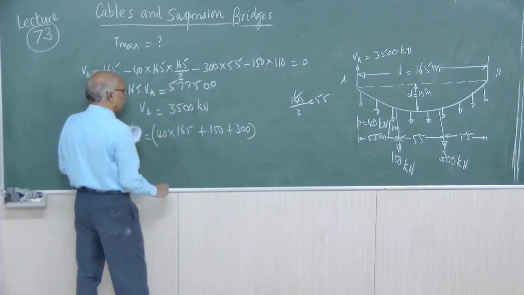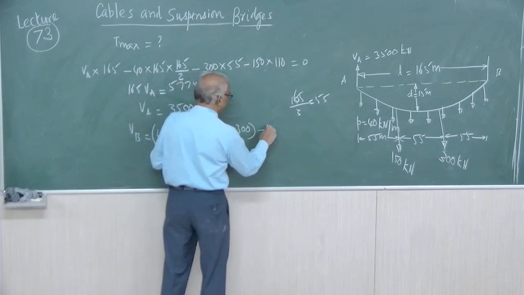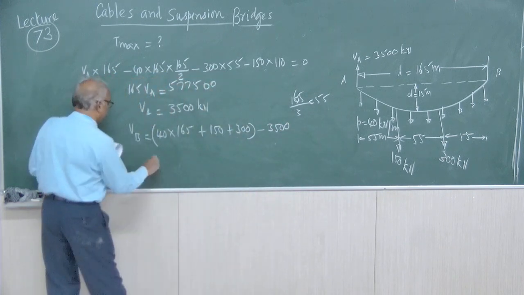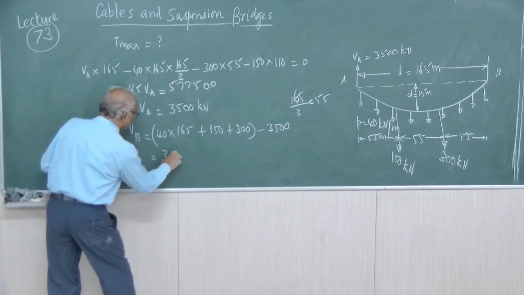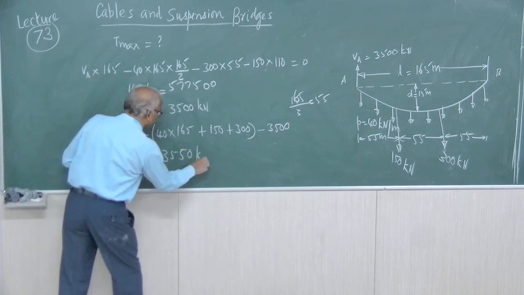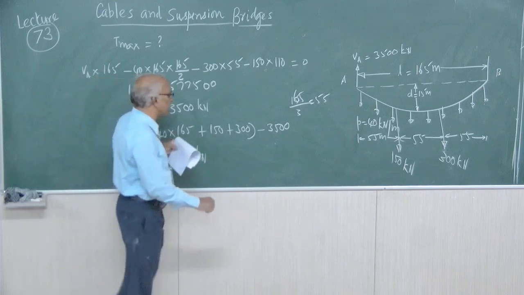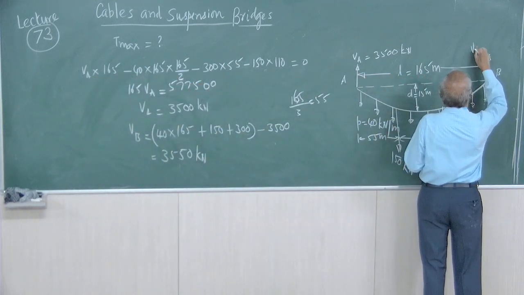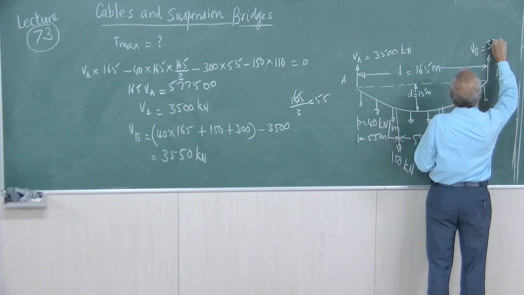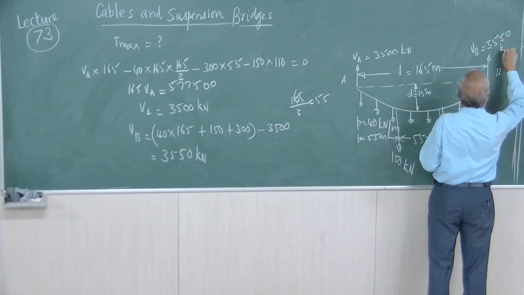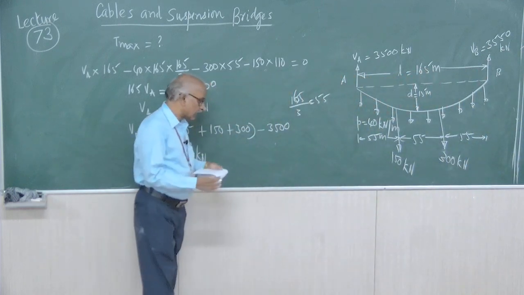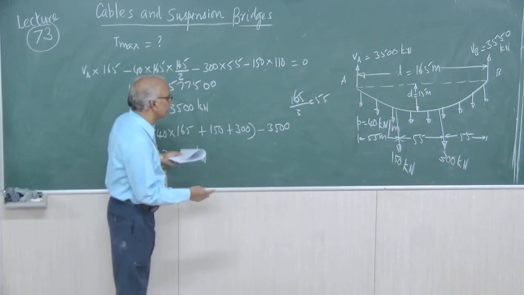Total load minus VA. VA is 3500. That will give you VB equals 3550 kilonewtons. Right. So that is about the values of VA and VB.